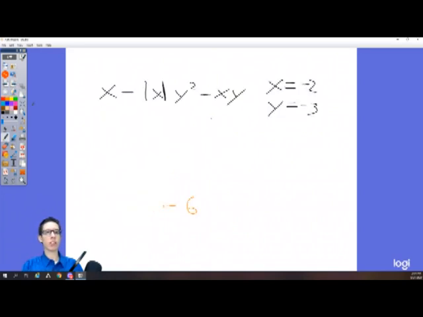Let's look at this here. x minus the absolute value of x, y squared, minus xy. What do those bars mean? What is this? Well, it's absolute value. Absolute value takes every value, whatever you plug in, and measures its distance away from 0.